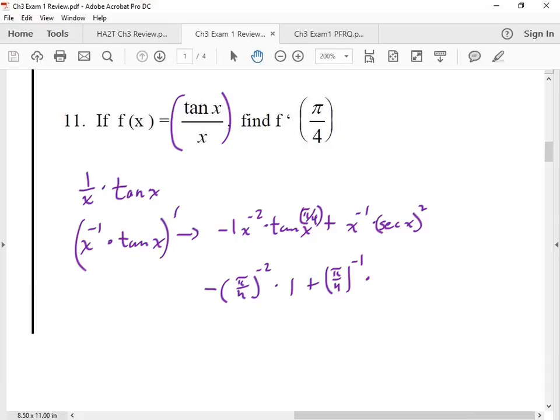Secant, okay, think of a sine of pi over 4. No, not sine, cosine. What's cosine of pi over 4? Cosine of pi over 4 is rad 2 over 2. Secant is the reciprocal, so we just have to flip that. So we get 2 over rad 2, and then we're going to square it.